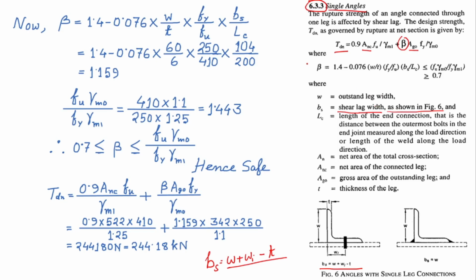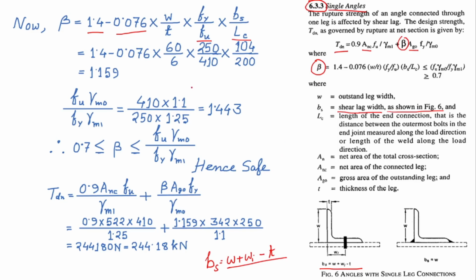The equation for beta is also given in the IS code. Which is 1.4 minus 0.076 into W by T, then Fy by Fu, Bs by Lc. So already we have calculated the required values of the notations used in the equation of beta.